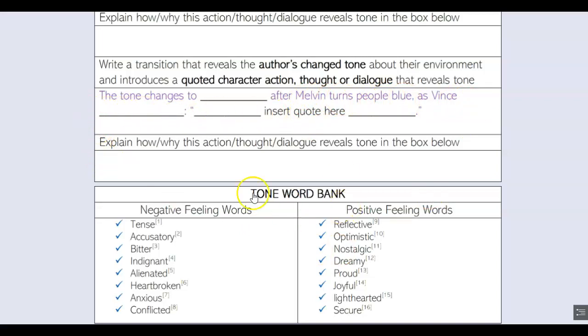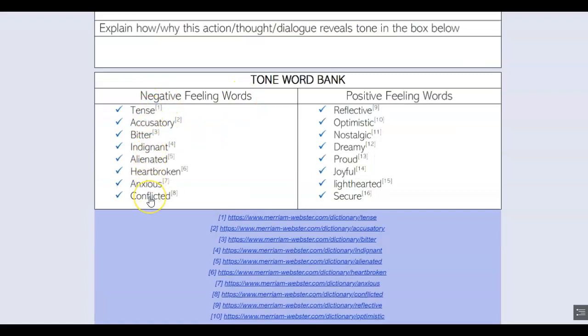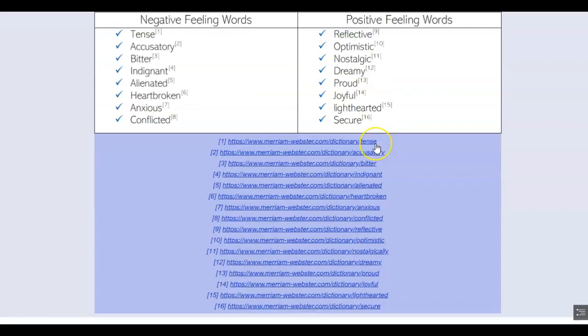Here's your quote, and then explain how this quote shows how that transition changes to this mood. And as always, you have your words down on the bottom, which you can click on to get your information. And then, so your negative ones are going to be in the beginning of this story, and your positive ones are going to be at the end of this story.